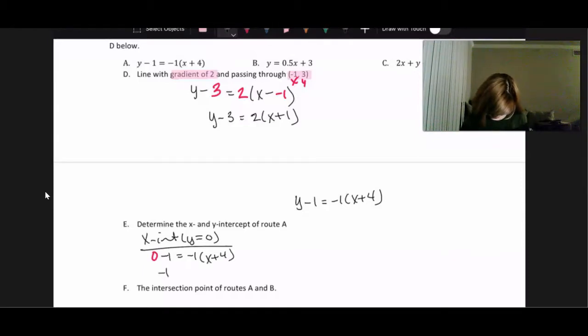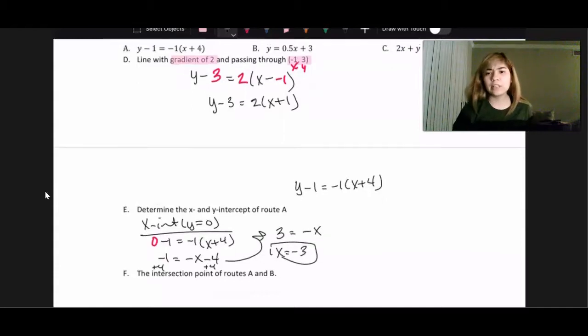So -1 equals -x minus 4. Add 4 to both sides. This gives me 3 equals -x.